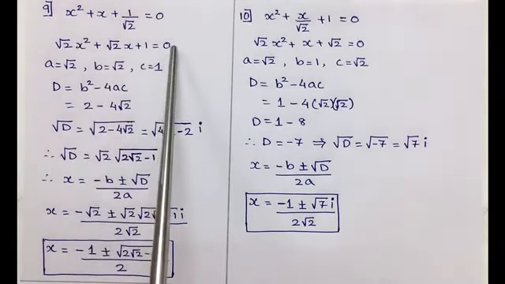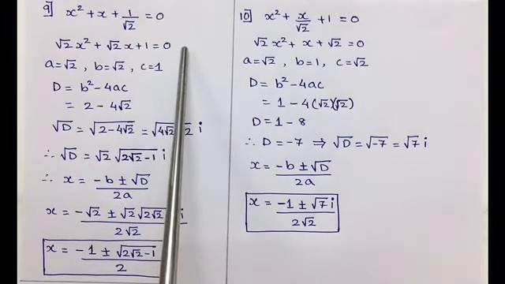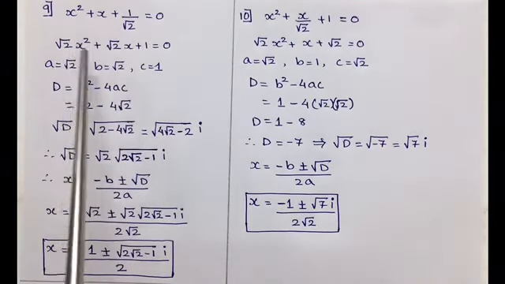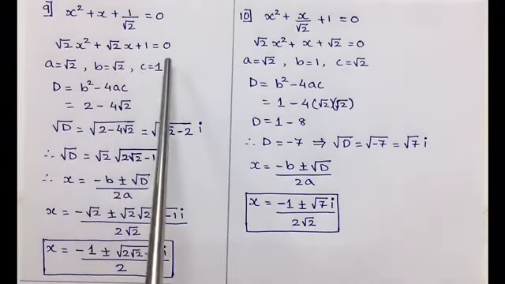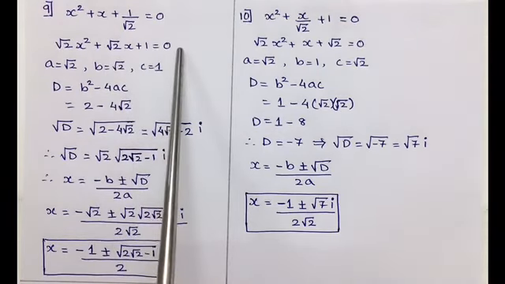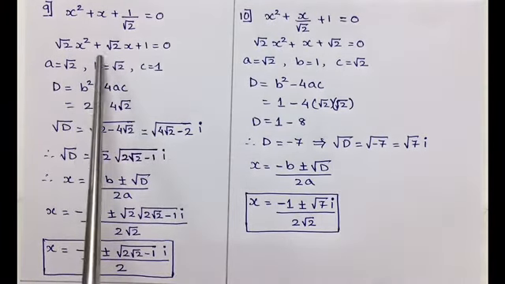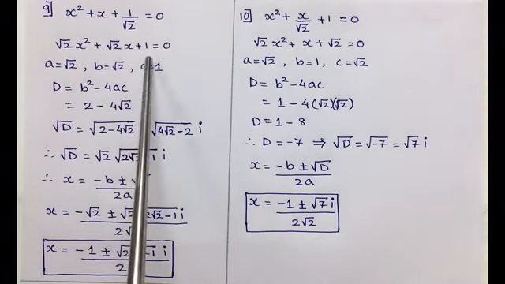But root 2 goes over here and 0 into root 2 becomes 0. So after taking the LCM, if we don't write root 2, it will do, because it is understood that root 2 goes in the right hand side, gets multiplied with 0. So the equation becomes root 2x square plus root 2x plus 1 equal to 0.